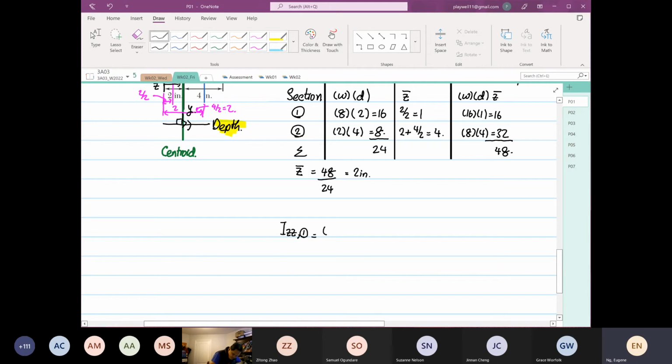So IZZ1 is equal to 8 times 2 cubed over 12, plus 16 times (2 minus 1) squared. So this is 8 times 2 to the power 3 divided by 12, which is 16 over 3, plus 16.